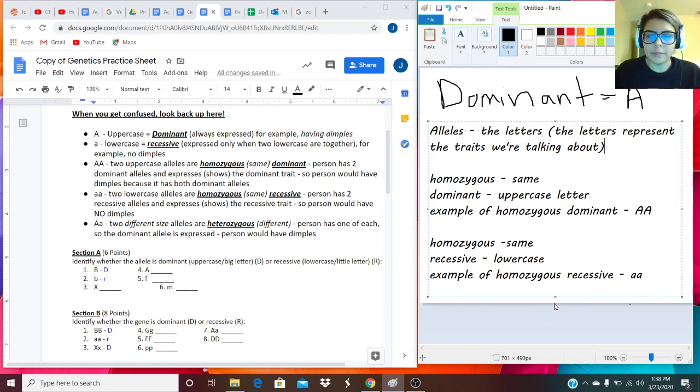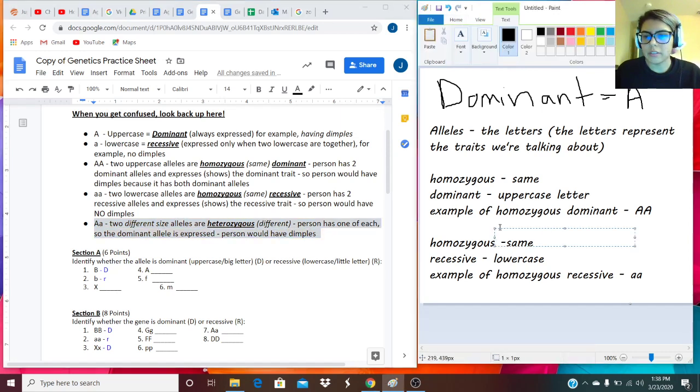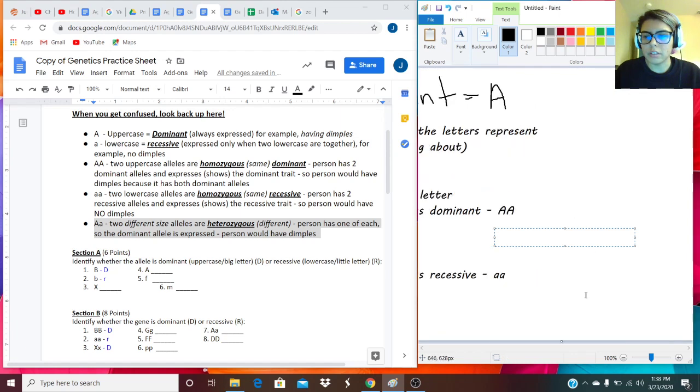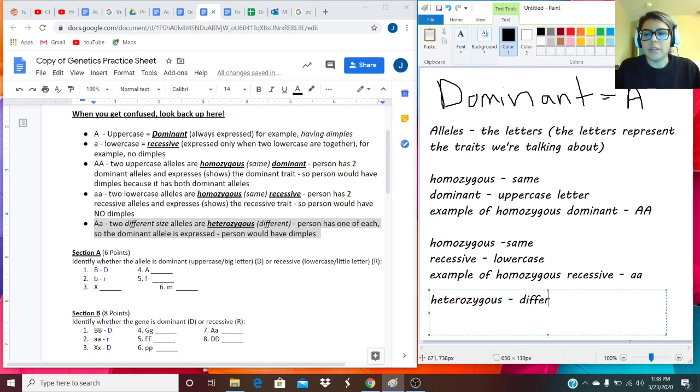Alrighty, and then finally we have heterozygous. Okay, so I'm going to make this a little bigger. The word heterozygous just means different. Even though they're both letter A, they are different types of letter A. We have an uppercase and a lowercase a.